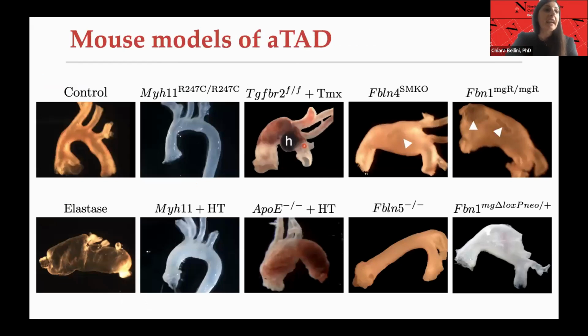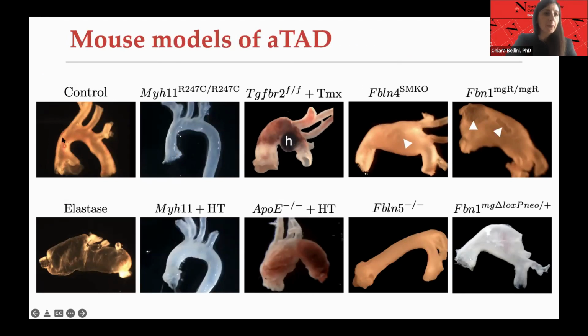And so we first applied these tools to compare a set of mouse models phenocopying a broad spectrum of human thoracic aortic disease. So the normal mouse ascending thoracic aorta is shown on the top left here.